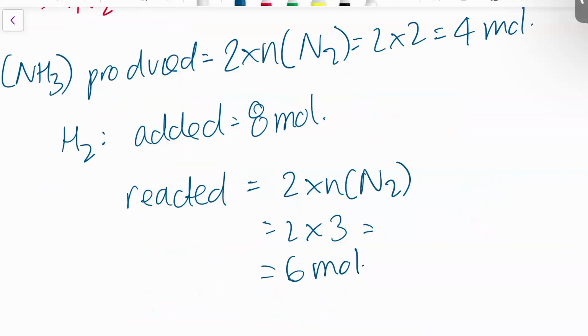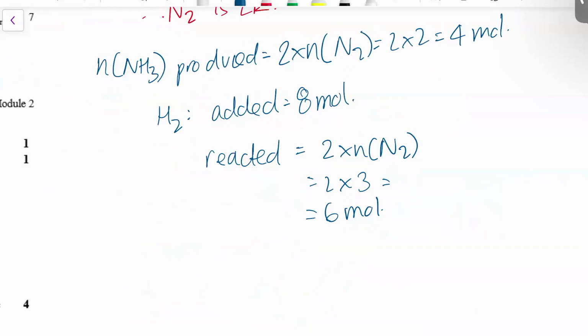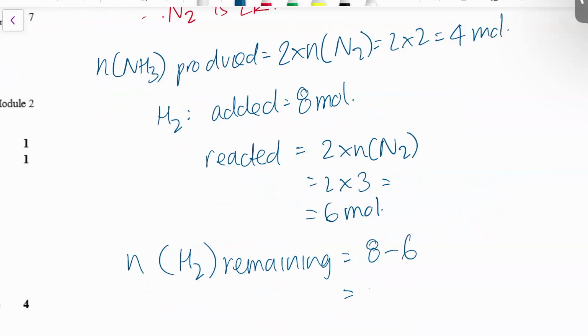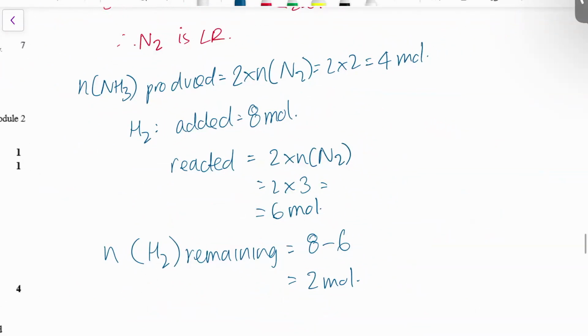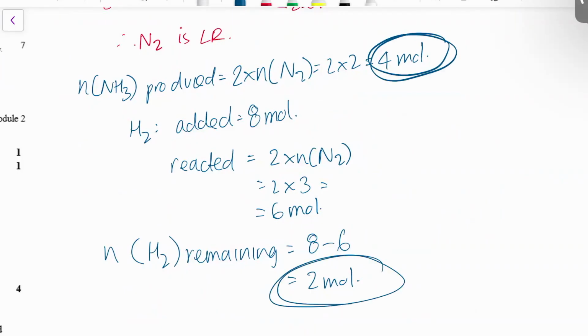All right, guys, you added 8 moles of H2, 6 of that got reacted. How much H2 remaining? 8 minus 6 gives you 2 moles remaining. All right, cool. Guys, 4 moles of NH3 got produced. There's 2 moles of H2 still left over. Moles of gas remaining.